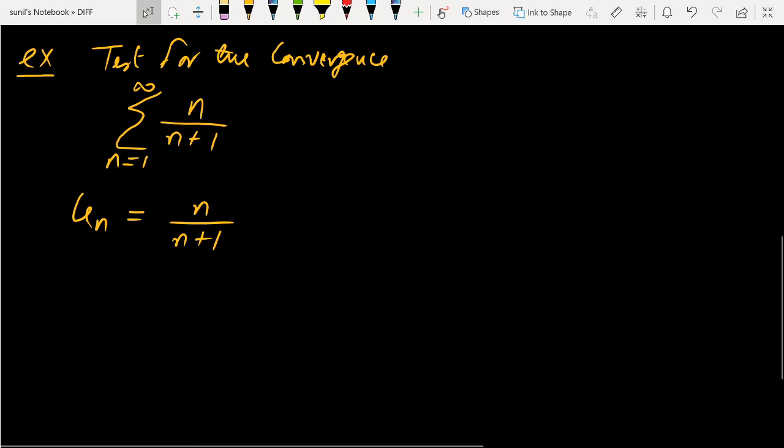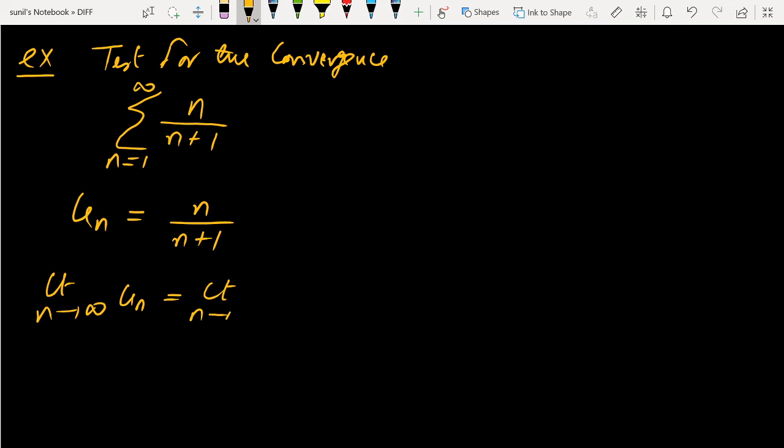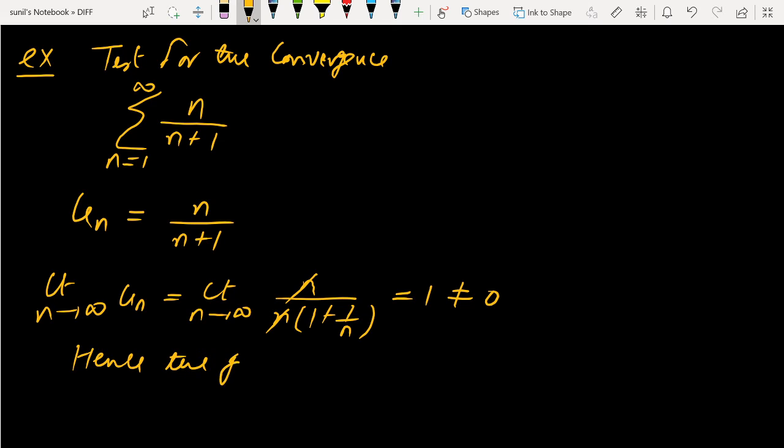Now if I take the limit of the nth term un, either you can apply L'Hopital's rule, or it is very simple, you take n common from the denominator. Now see, this limit is 1, which is not equal to 0. Hence the given series is divergent.